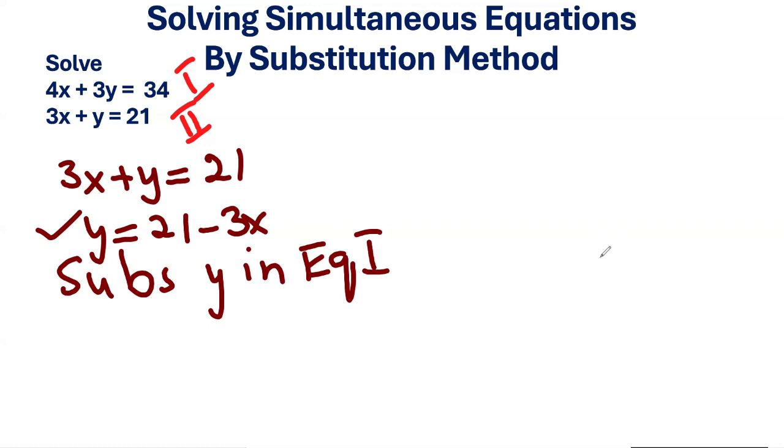Equation 1 is 4x plus 3y is equal to 34. You can substitute the value of y. Y is equal to 21 minus 3x.